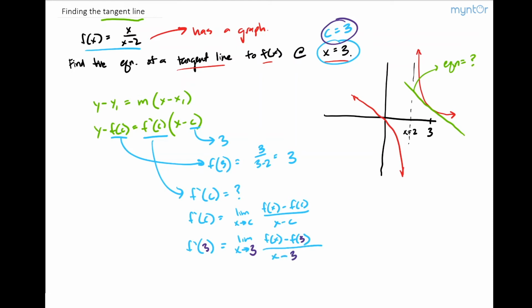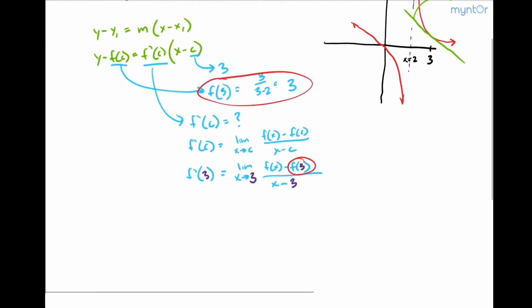We already solved for f of 3, and so we can simplify this. We can say that this is equal to the limit as x approaches 3 of x over x minus 2 minus 3 over x minus 3.